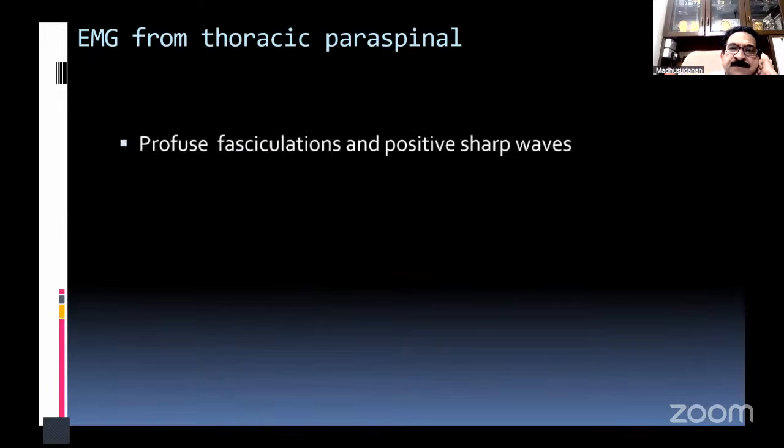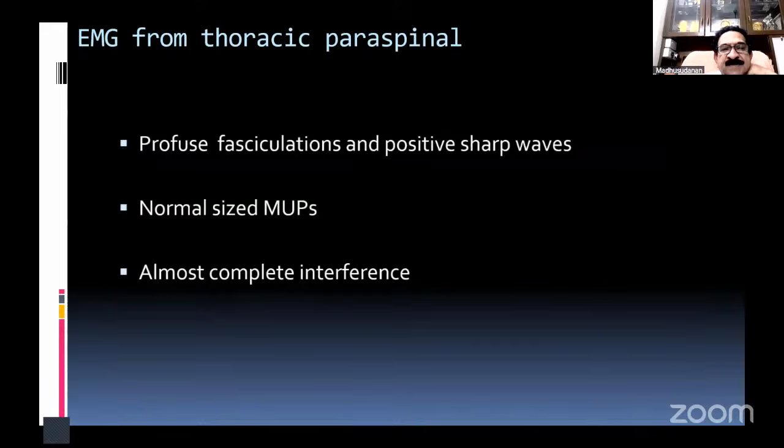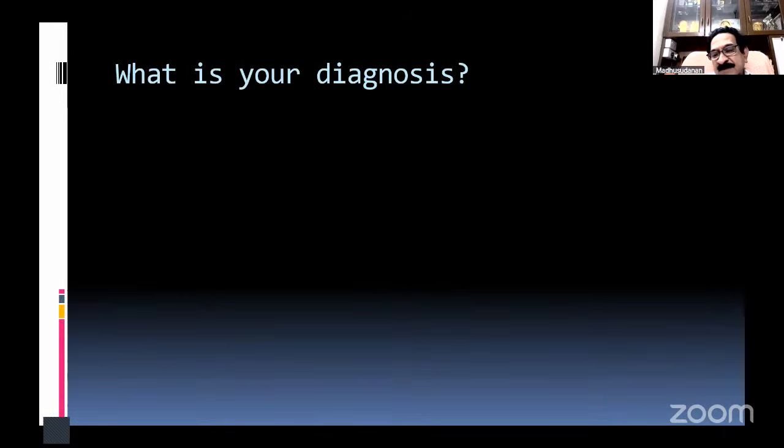So, positive waves, normal size MUPs, almost complete interference. So, this is from the EMG of the patient. There does not indicate a chronic denervation. The duration is only 3-4 months. It shows acute denervation is there in this patient, undoubtedly in the upper limb muscles.